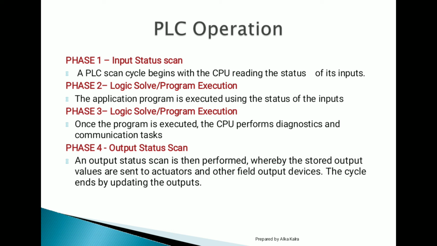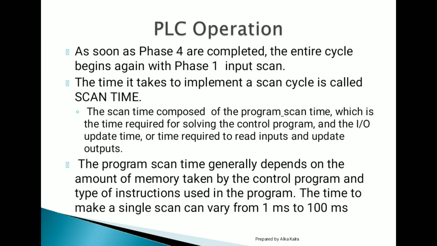In the output scan, we are sending all the information of the variables that was stored in phase 2 in the CPU to the output module, and that is stored at the output module, which further updates the output devices. This is called the output status scan.